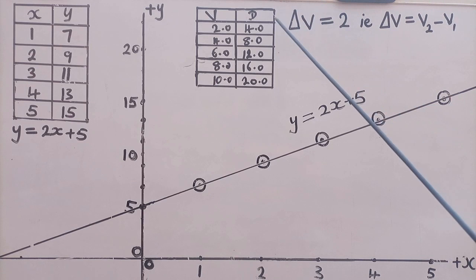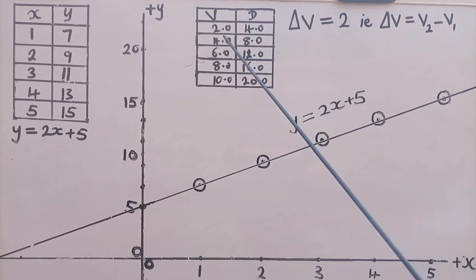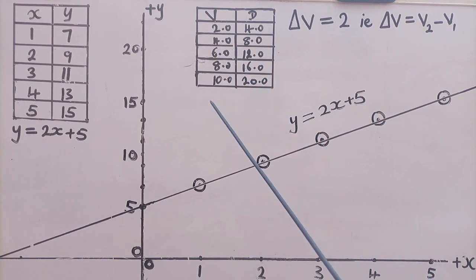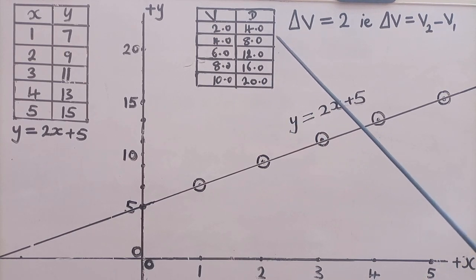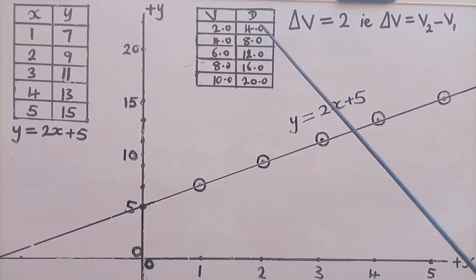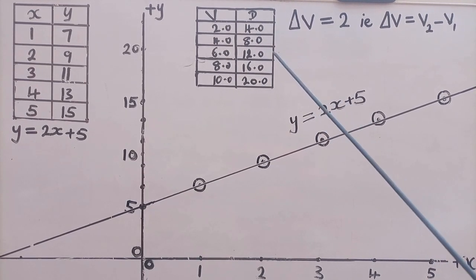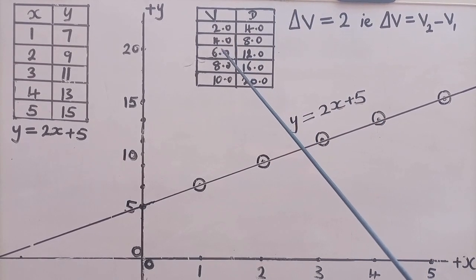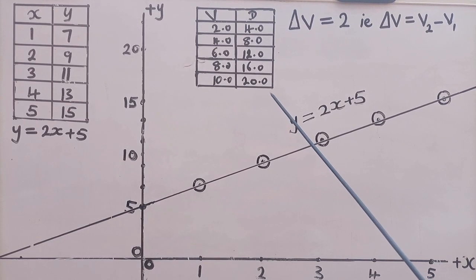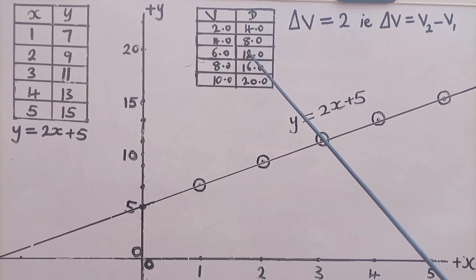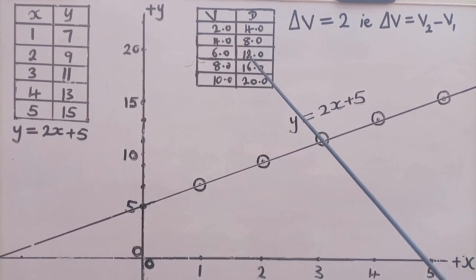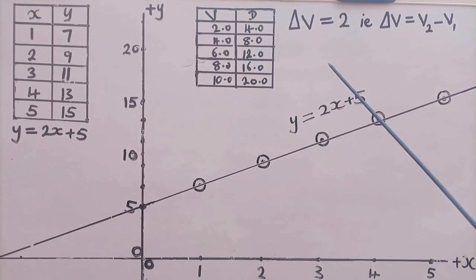Again, when the volume changed from 4 to 6, the distance traveled changed from 8 kilometers to 12 kilometers. When the volume changed from 6 liters to 8 liters, the distance changed from 12 kilometers to 16 kilometers.